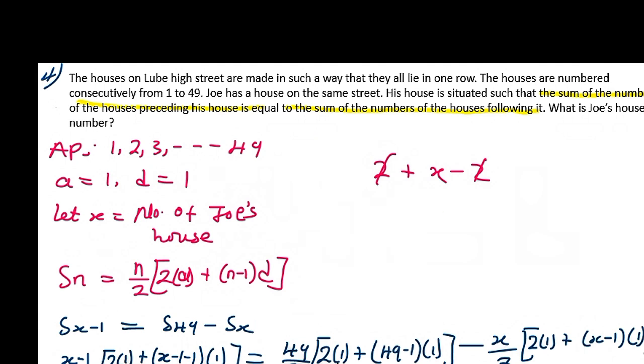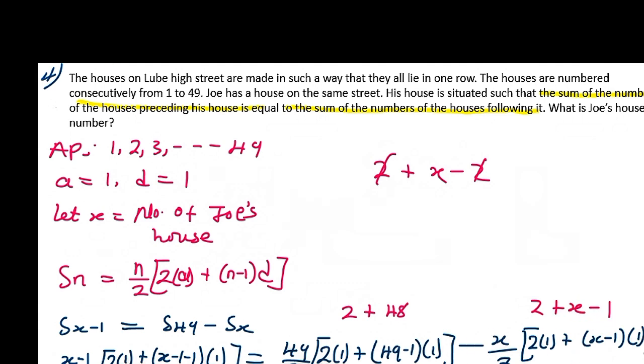Now when we also look at this bracket here, this is going to be 2 plus 48, because 49 minus 1 is going to give us 48. So what we are left with in this expression is 49 divided by 2 times 50, since 48 plus 2 will give us 50, minus, look at this here, we are going to have 2 plus x minus 1.